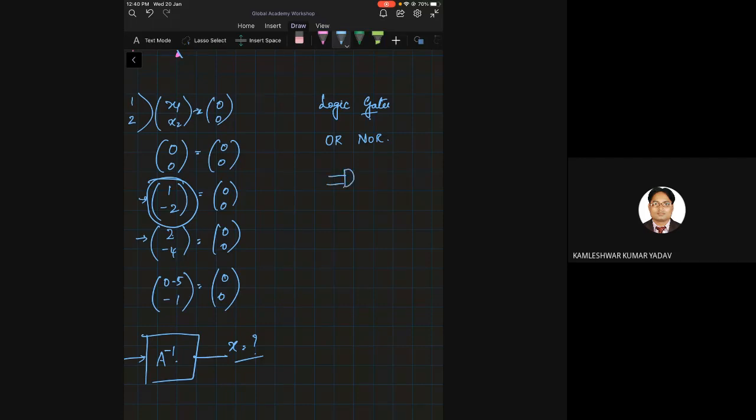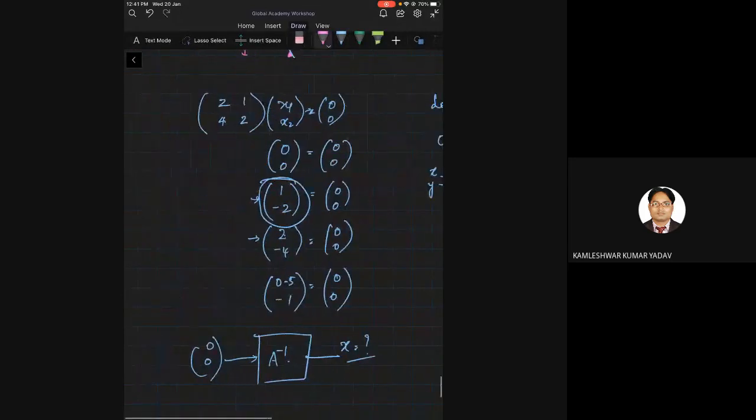Suppose we take this AND gate, where I give X comma Y as input and take Z as the output. Yesterday we saw this. We don't even have to look at the OR gate. We took this binary field, 0, 1. In yesterday's class, let's see if I can pull that out.